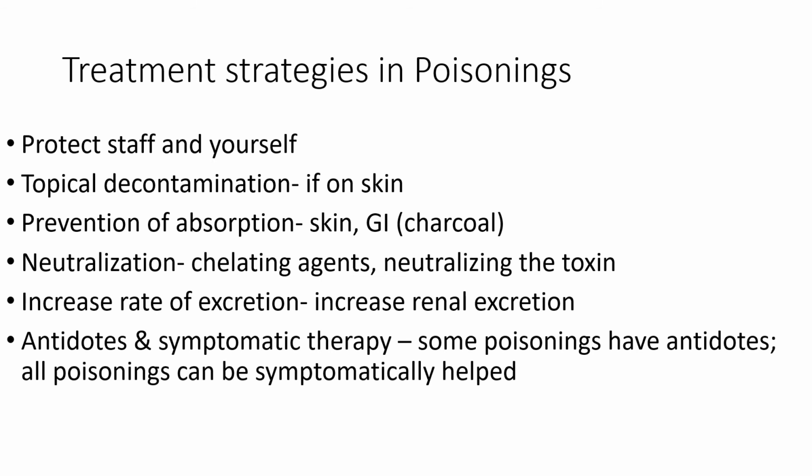And often there's symptomatic therapy. So for example, if someone has severe nausea and vomiting, well, we can treat that with ondansetron, anti-nauseants to control the vomiting. So any poisoning can be treated symptomatically. If someone overdoses on, say, a benzodiazepine, they're going to come in tired, they might come in breathing slowly.